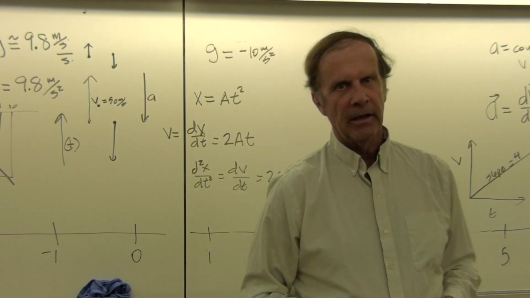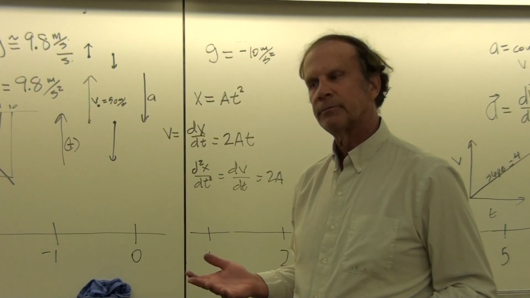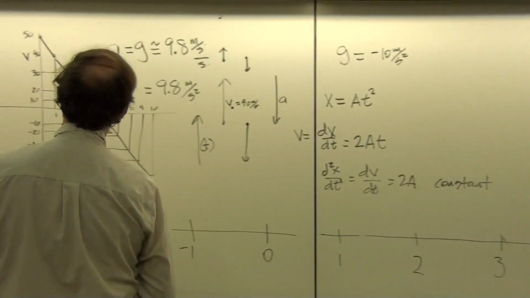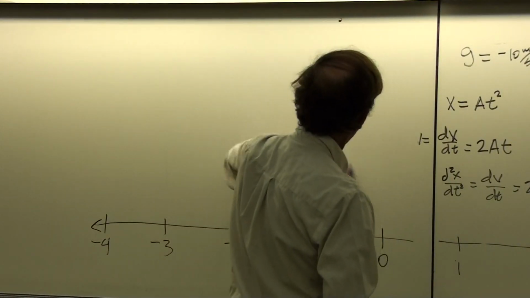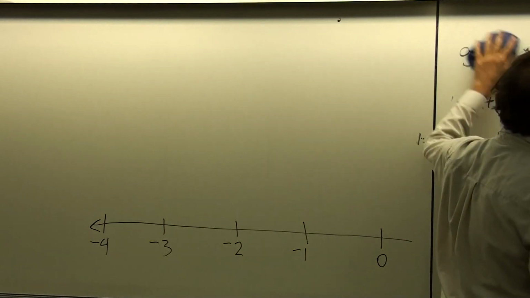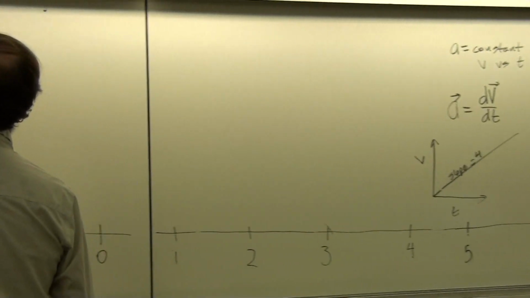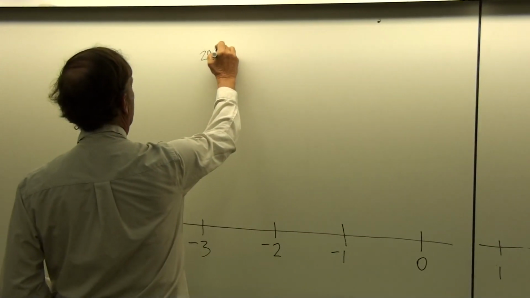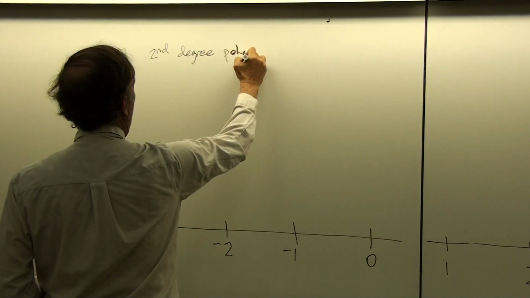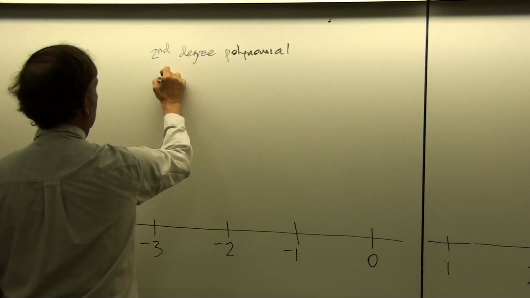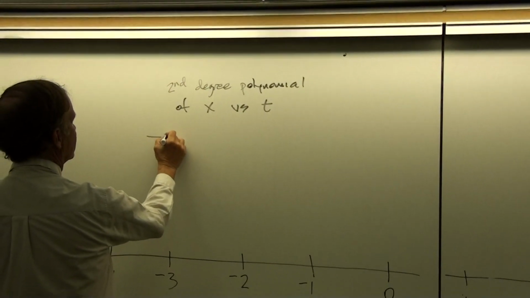So what if we had an acceleration that was associated, for example, with a third degree polynomial? How would that work? Well, in that case, the acceleration would be variable. It would change as a function of time. Because then the velocity versus time plot would no longer be a straight line. So if we go to second degree polynomial of x versus time, we have a constant acceleration.